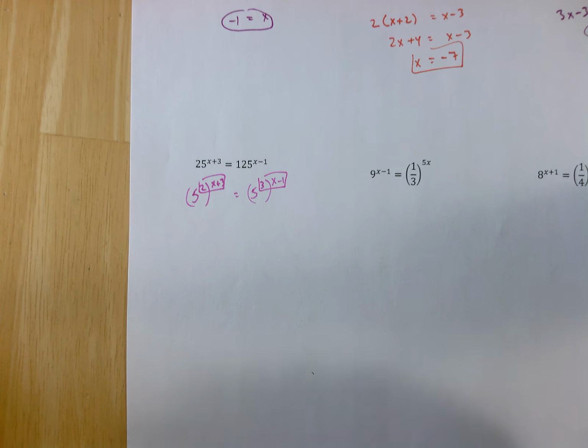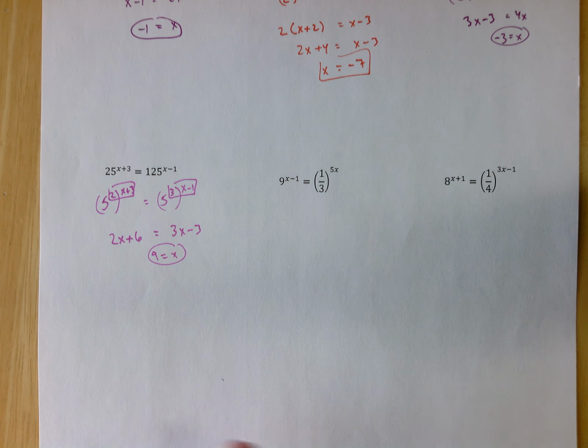So I'm going to get 2x plus 6 equals 3x minus 3. And again, that's an easy solve. X equals 9. So you see how simple this is? This is why I'm saying it's way easier to do it. If you can write them as powers of the same base, it's easier to do it this way than with a calculator. Because even just getting out a calculator and pushing all the buttons would take longer than what we're doing here.